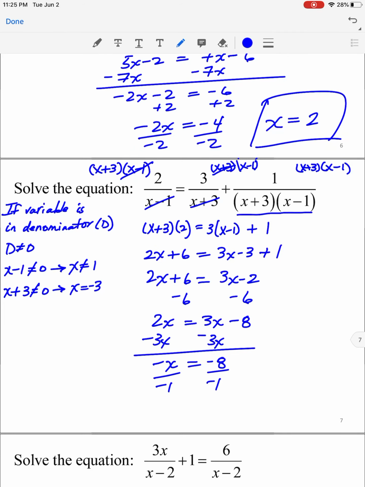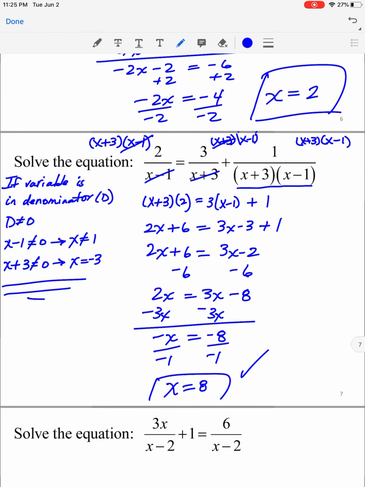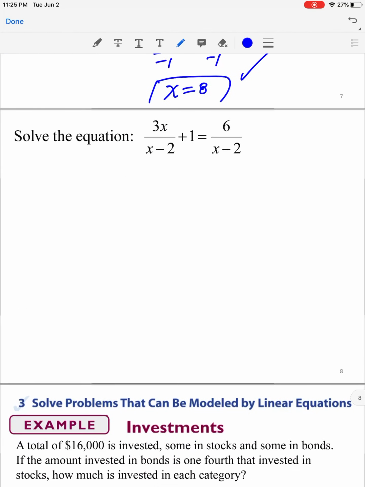Divide each side by negative 1. X equals positive 8. Now, you check that answer that you got. It's not one of those initial cannot equal, so that is a solution for that equation.